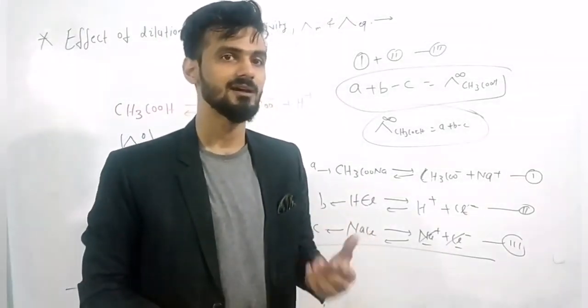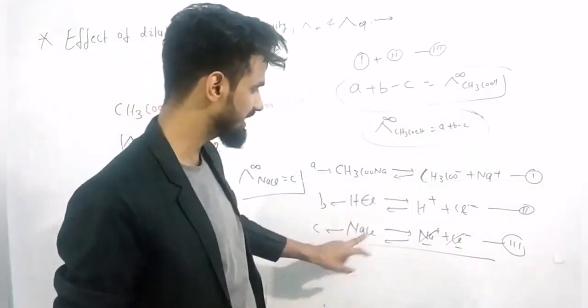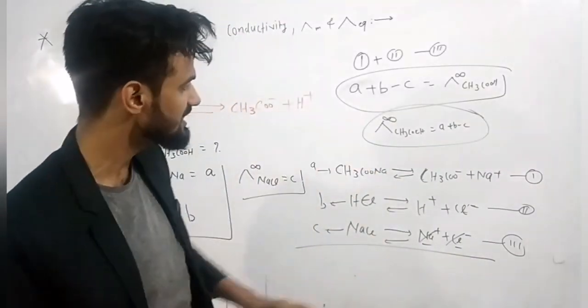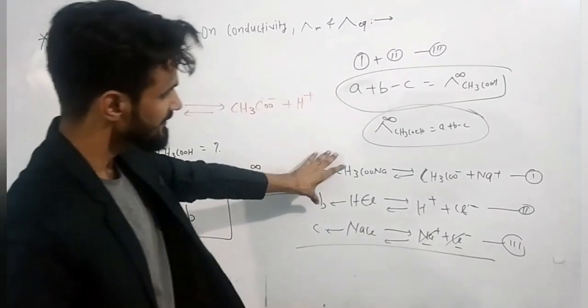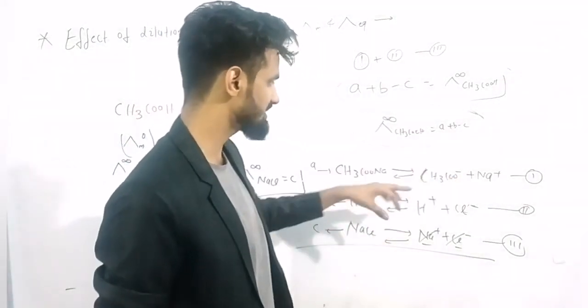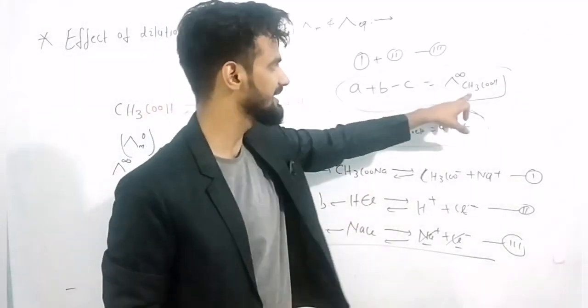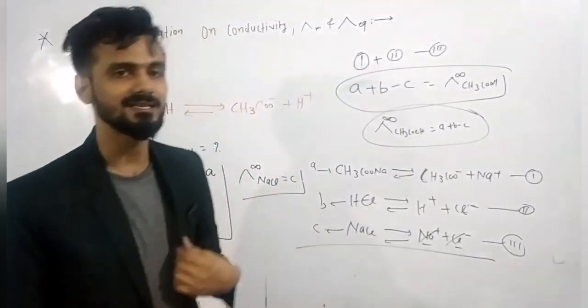That is the main thing. In the case of individual ions, HCl was a strong electrolyte, NaCl was a strong electrolyte, and CH3COONa was a strong electrolyte. From here we made three equations, and after subtracting the third equation from the first plus second, we got the equivalent conductance and molar conductance of CH3COOH.